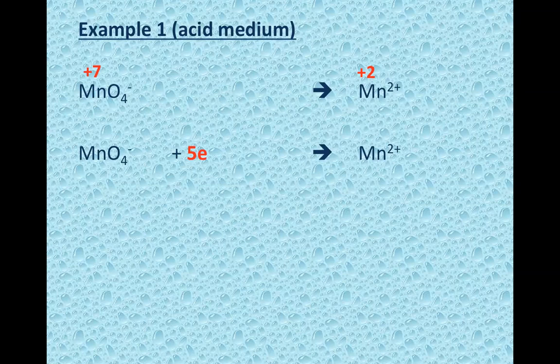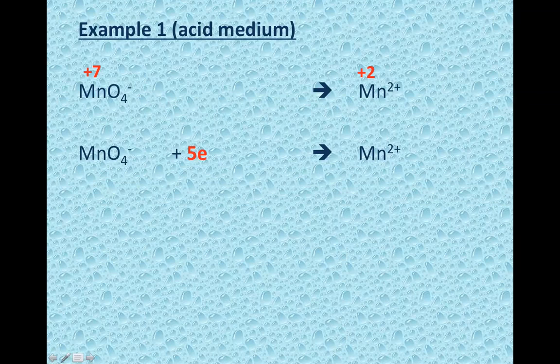After you add the electrons, in step 3, you have to balance the charges on both sides. If you look at the left-hand side, you have 1- from the manganate ion and 5- from the 5 electrons. So altogether, there are 6 negative charges on the left-hand side, and there are 2 positive charges on the right-hand side.